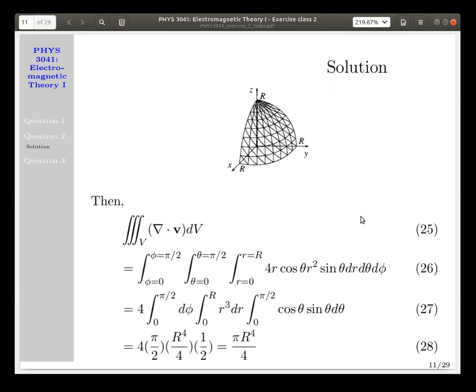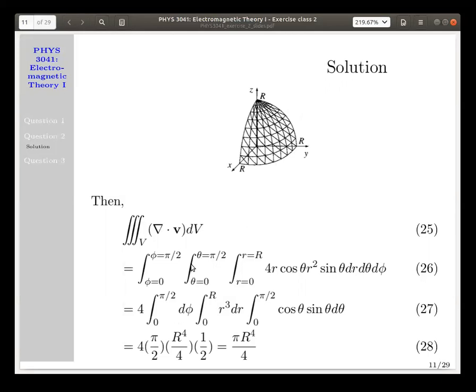Then we put the divergence of the vector field into the integral and integrate over the octant. The dV here is r squared sine theta dr d theta d phi. The domain of integration is r from 0 to capital R, theta from 0 to pi over 2, and phi from 0 to pi over 2.